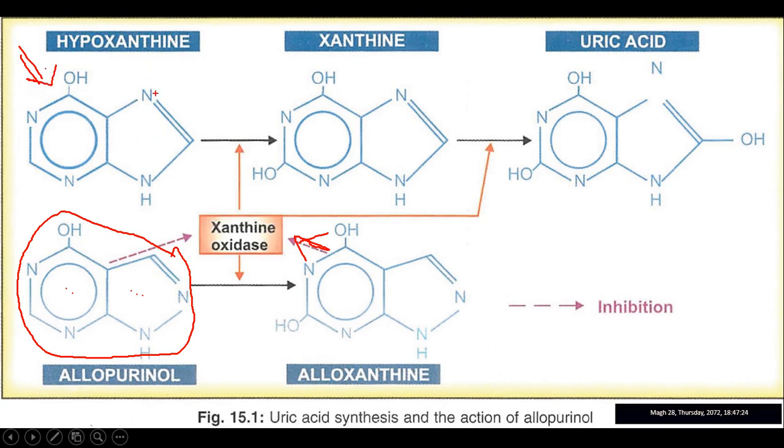This hypoxanthine is converted into xanthine by xanthine oxidase, and again the xanthine is converted into uric acid by xanthine oxidase, and therefore this xanthine oxidase is inhibited. So what may be the result? The result is that the amount of uric acid decreases a lot, the amount of xanthine also decreases, and the amount of hypoxanthine will increase.